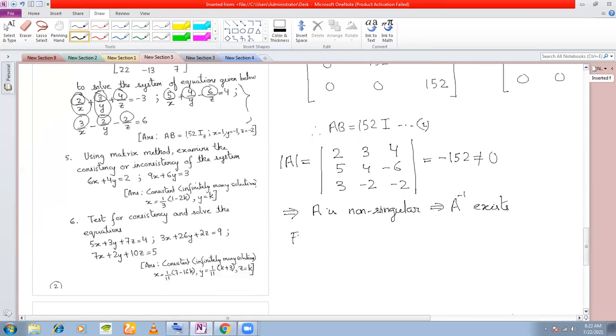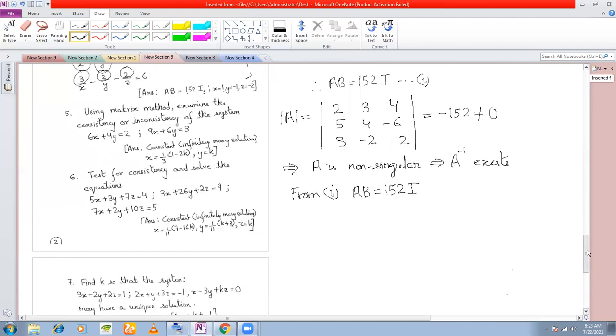So from 1, now we start from 1. Instead of finding out the adjoint, we'll find out A inverse from this relation, AB is equal to 152I. Now since A inverse exists, we'll pre-multiply both sides by A inverse.